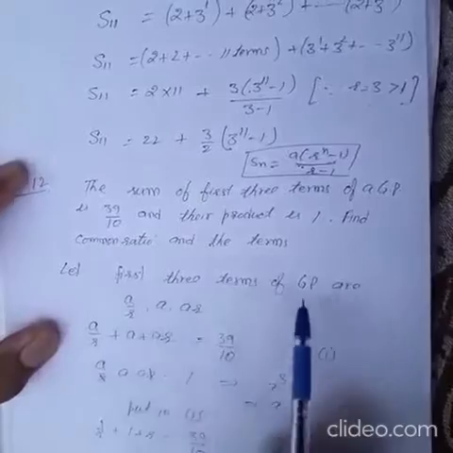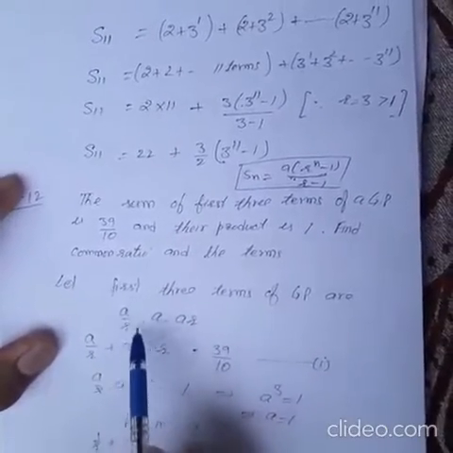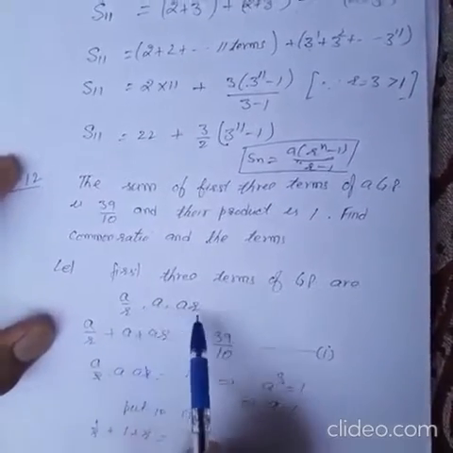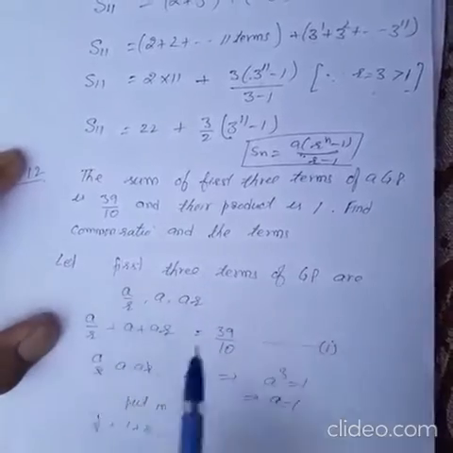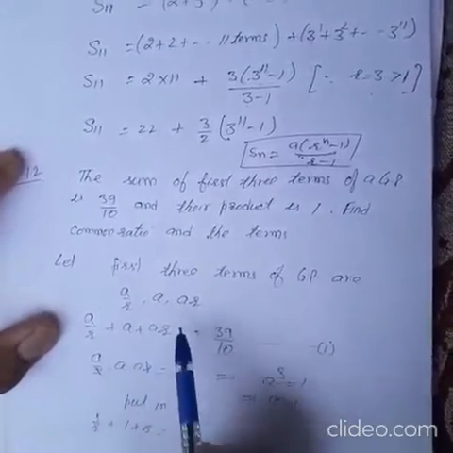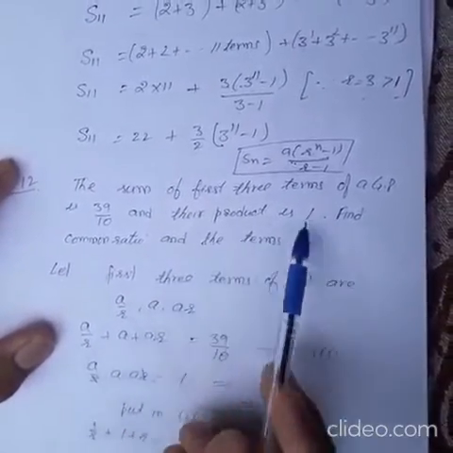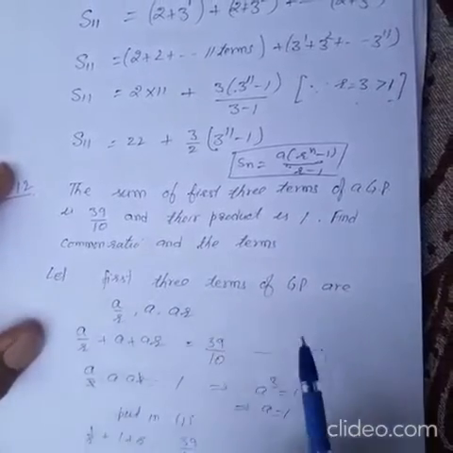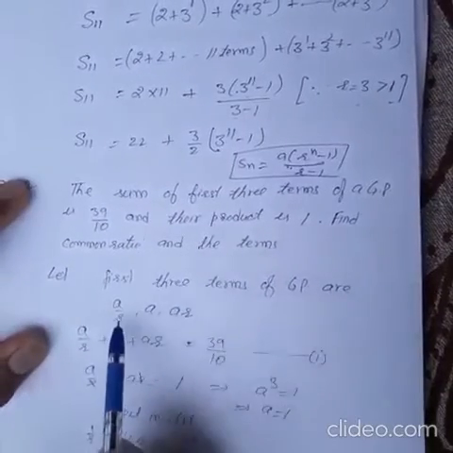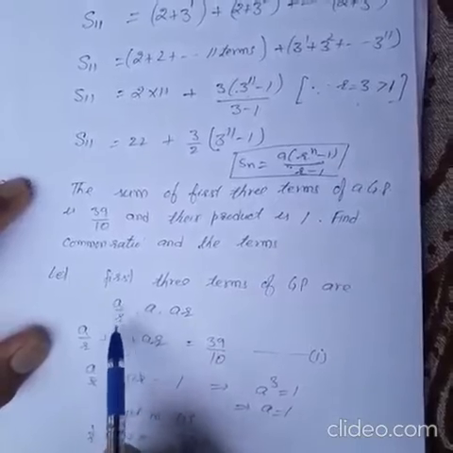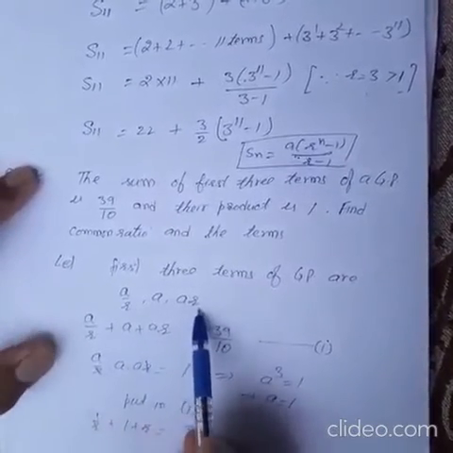So let the first 3 terms of the GP be A upon R, A and AR. Now don't assume the terms as A, AR, AR square, because after multiplying, R will not be cancelled, so simplification will be quite difficult. So we have assumed the terms A upon R, A, AR.